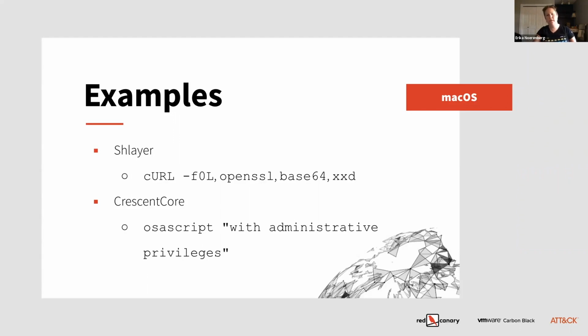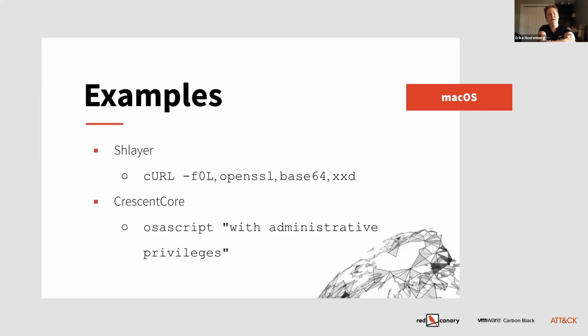But curl in particular, with these particular command line arguments, -F0L, was very high fidelity for Shlayer. We literally only found one case, and over the past year we've had thousands of infections. There was one case of a particular antivirus product where they used this particular curl command to download an update. Not sure why, but other than that, it was 100% Shlayer activity.